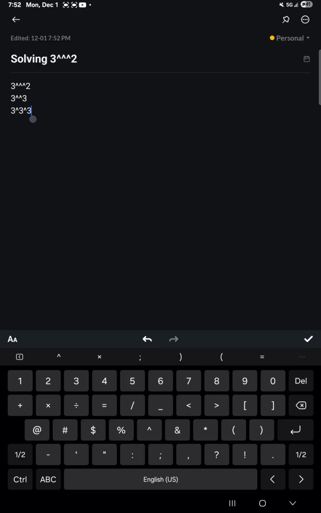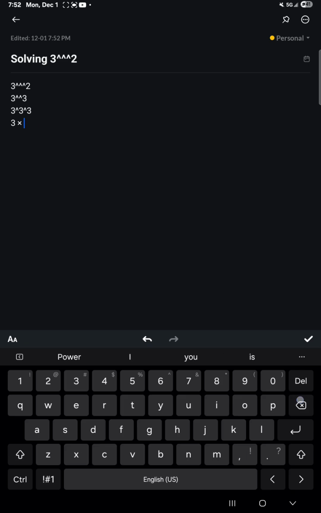Now you might think it's possible to convert this into multiplication, but multiplication is way different than exponentiation. It looks more like this: 3 times 3 times 3, because the equation has 3 numbers. It's almost impossible to convert this into multiplication.